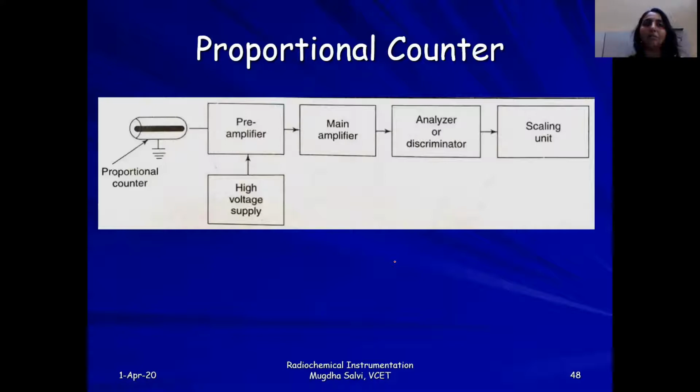Higher the input supply voltage, higher will be the pulses that are received by the preamplifier and the main amplifier. That is the main difference between ionization chamber and a proportional counter.